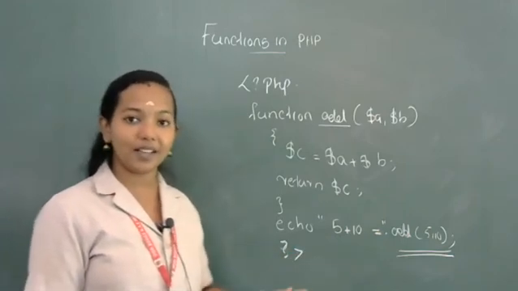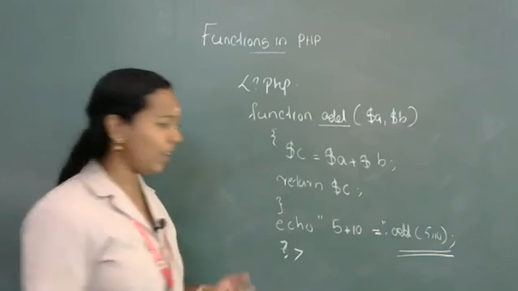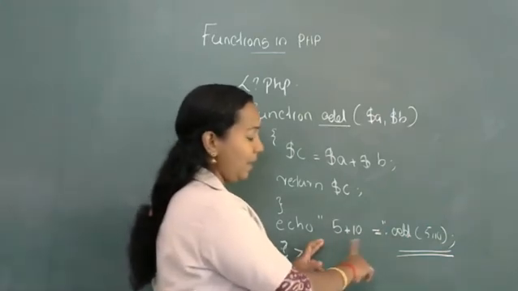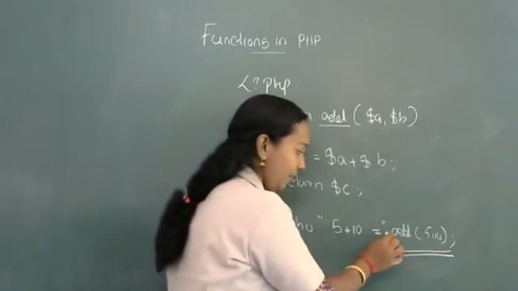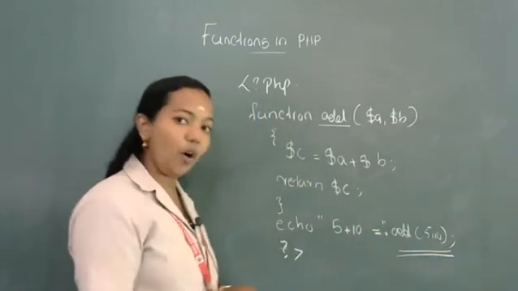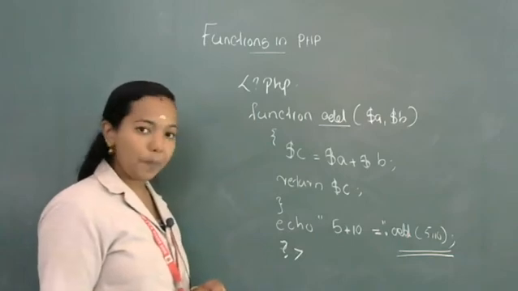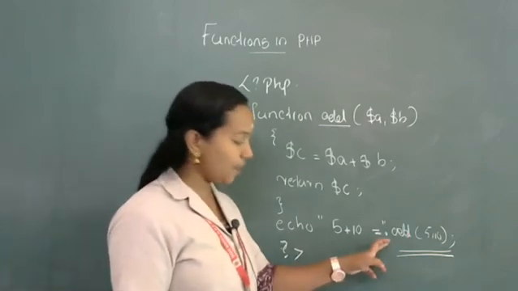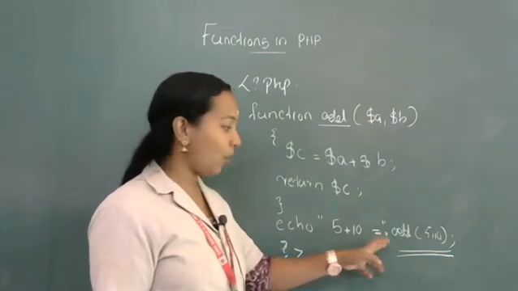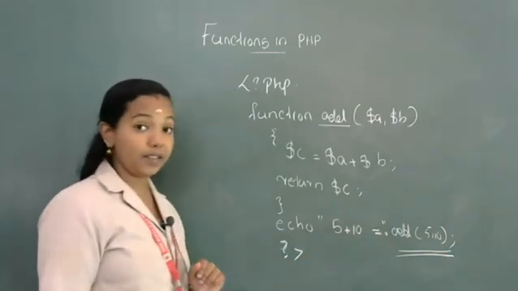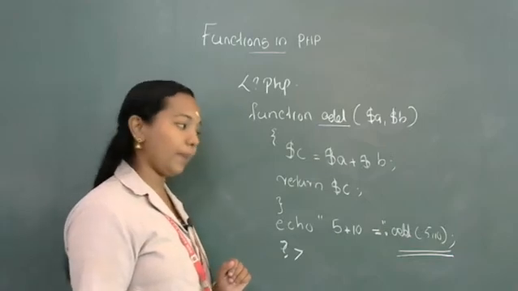What will be the answer? 15. Okay, then please look here, 5 plus 10 equal to, we close the double inverted comma. Immediately after the double inverted comma there is one dot present, isn't it? That dot is also known as the string concatenation operator.